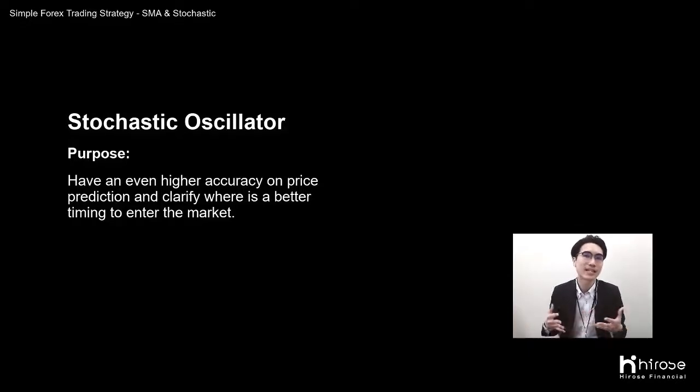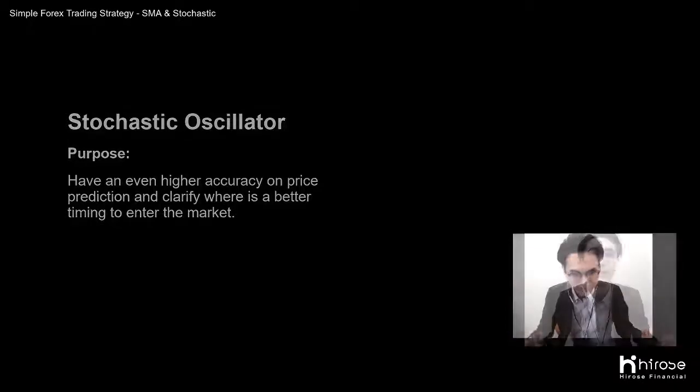This is why we will be using the stochastic, because it is going to tell us a better timing to place a trade. We will combine that information with the simple moving average to better analyze the price movement and have a better chance to end the trade in profit. First we'll take a look at the stochastic.